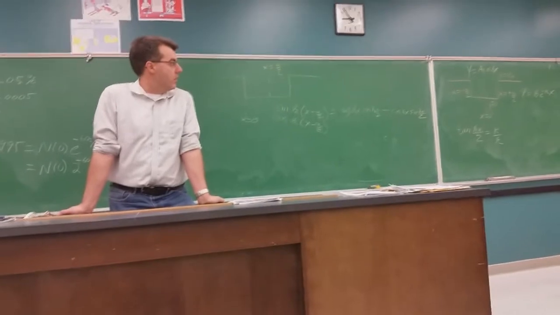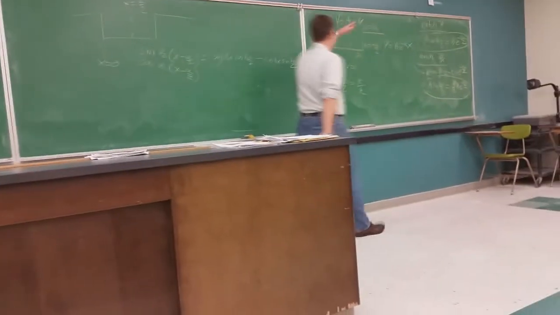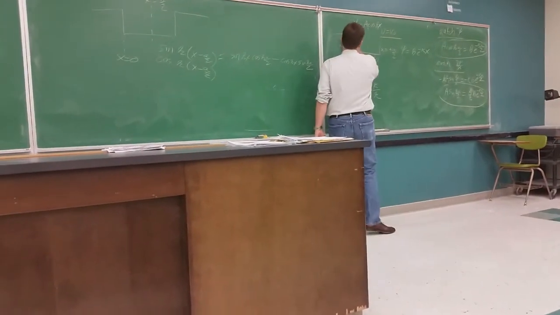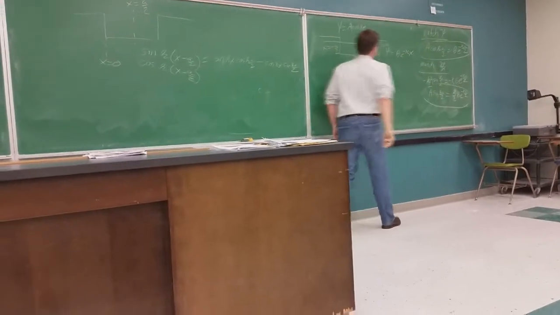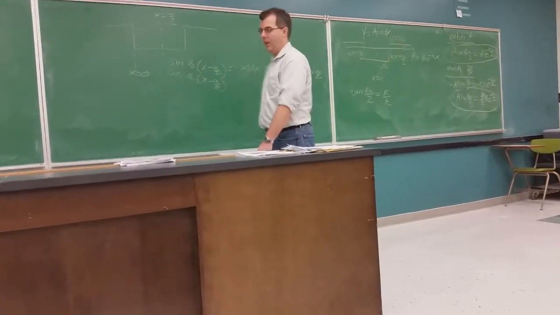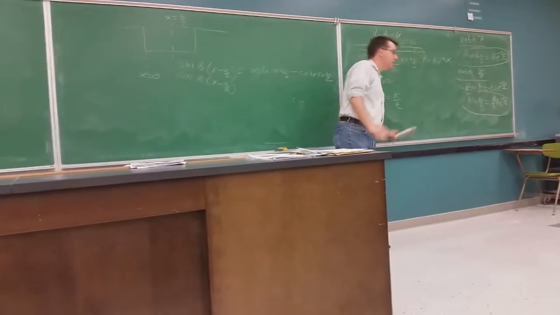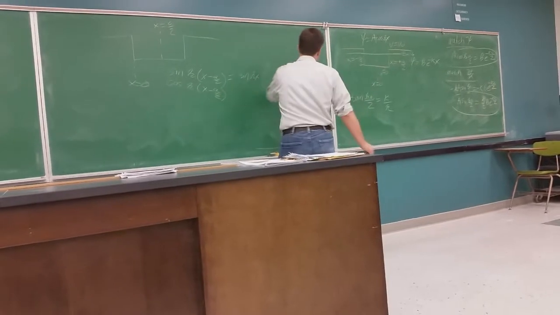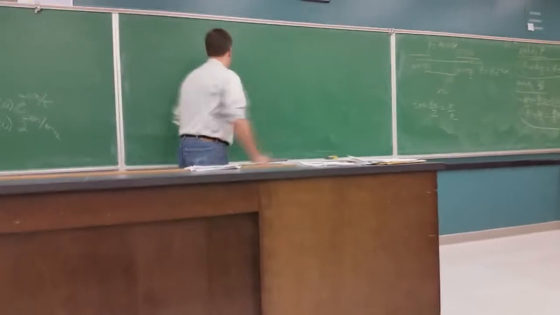So I asked you to write this in terms of the particle energy E and the potential height V naught, because the particle has some energy E less than V naught. So how are kappa and k related to E and V naught? k is equal to the square root of E minus V naught.